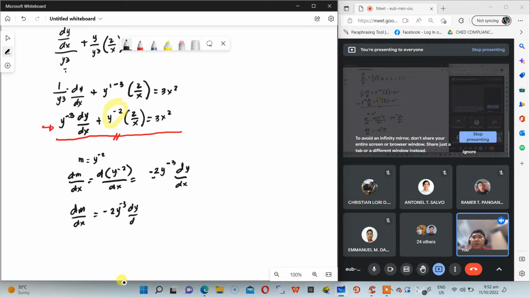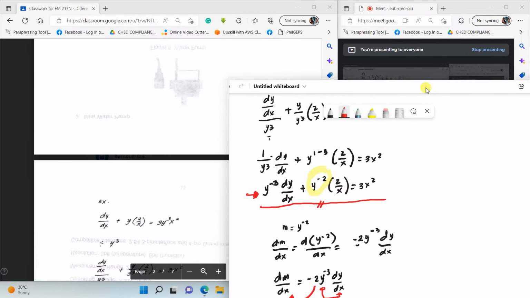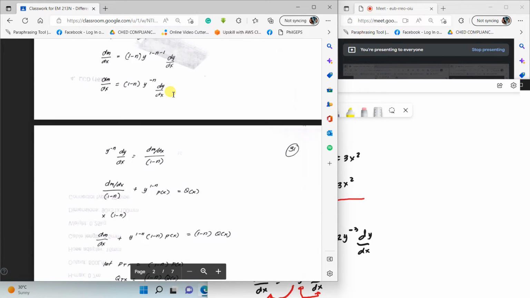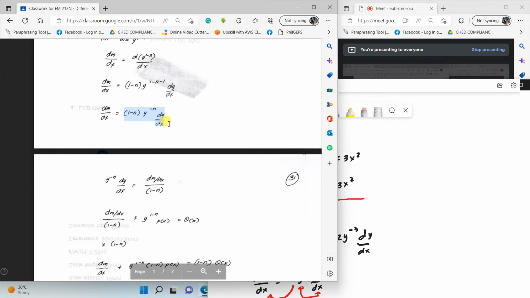dy over dx. So, from here, if you look at this part from y up to here, this is just the first term. So therefore, we could just transfer the negative 2 to the other side. If you look at the process I've given you, we transfer to the other side.